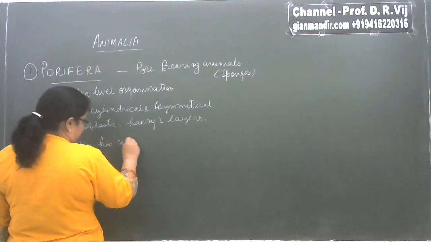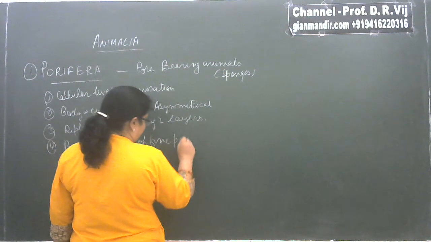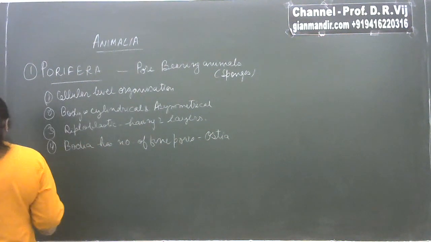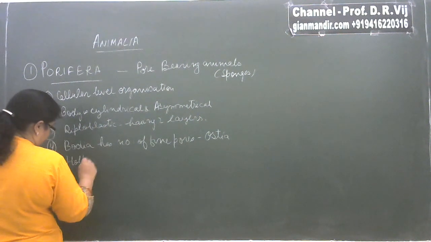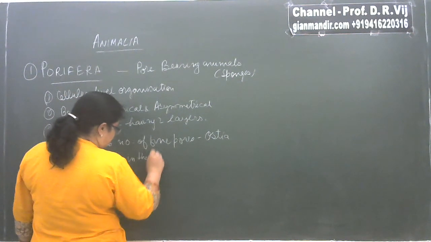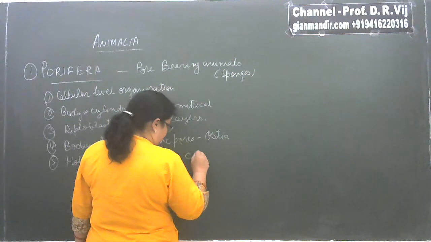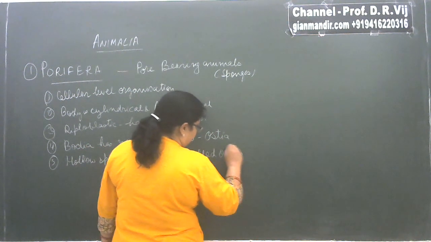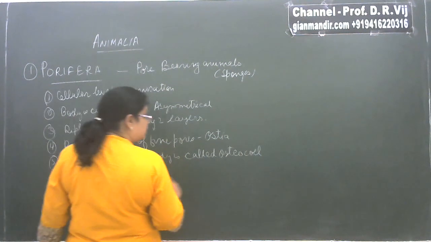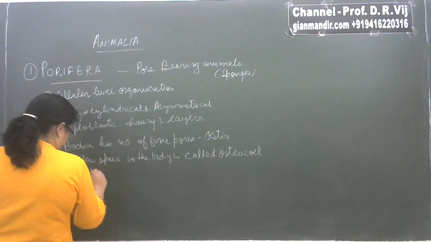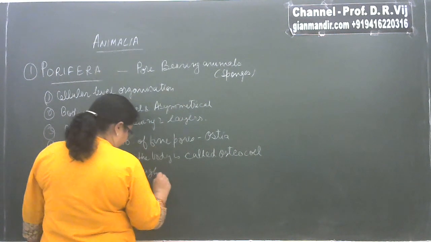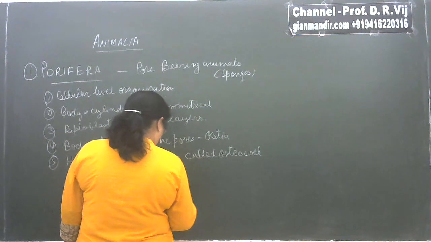The body has a number of fine pores called ostia, and the hollow space in the body is called spongocoel, which opens through the opening called osculum.